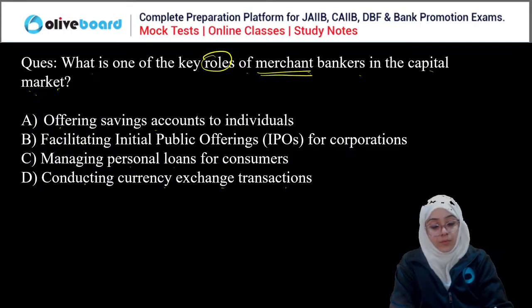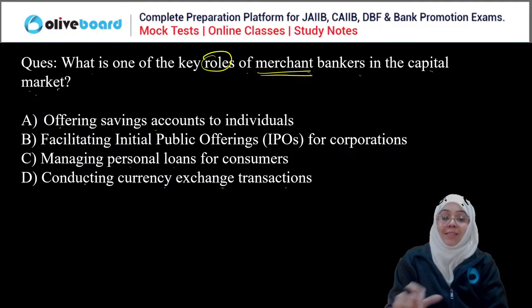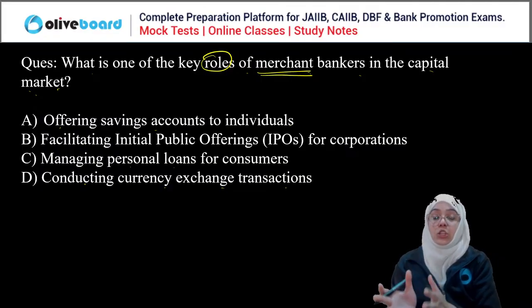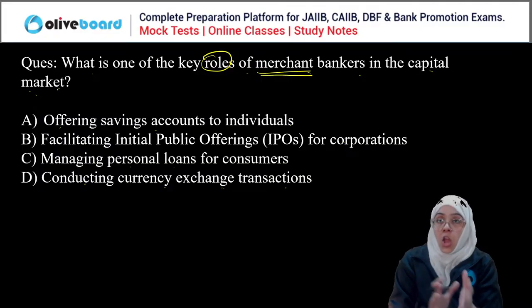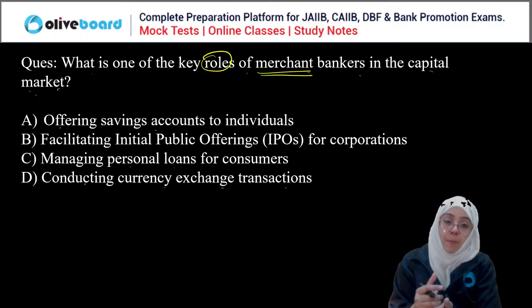Okay. So when we are talking about the key roles of merchant bankers in a capital market, they are actually helping you to initiate an initial public offering, or you can say they help you raise funding from the public.